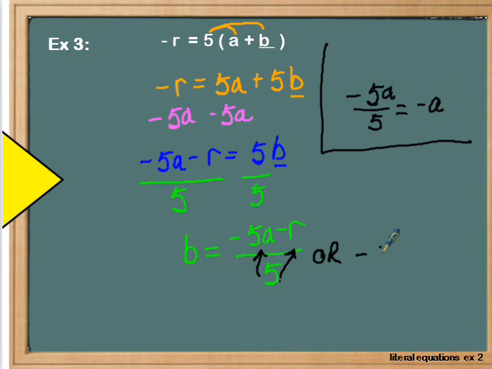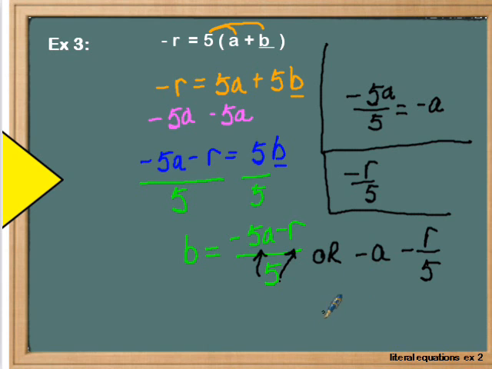So that's one possibility here. And the other one would be negative r divided by 5, and since that cannot be simplified, that would be the second part to this. So that's how I go about getting that negative a minus r over 5.